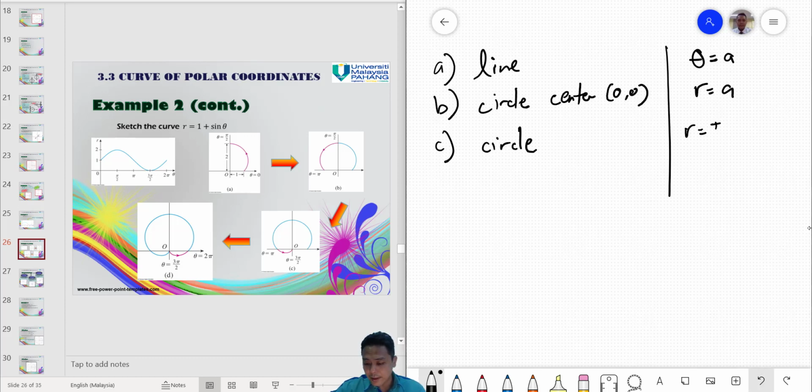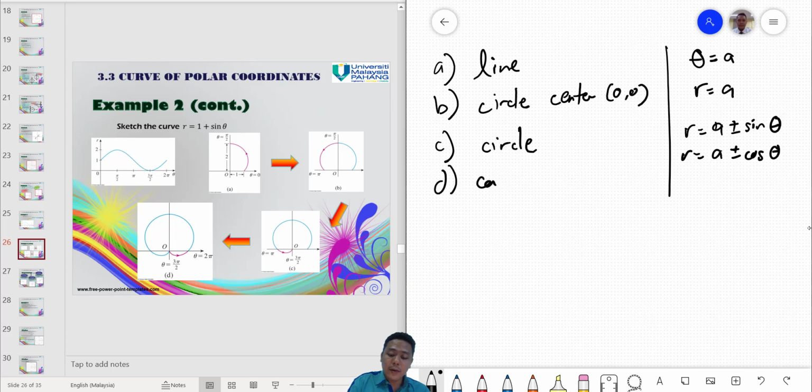I forgot b there, a plus or minus b sine theta, or it can be r equals a plus or minus b cos theta. Still a shape of a circle, just the center is not at the origin, and the orientation is different.